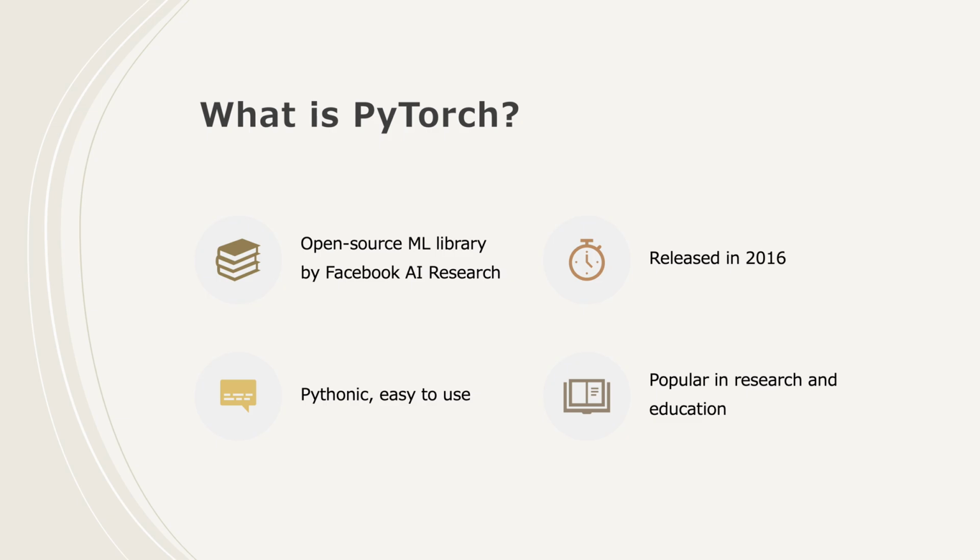It doesn't force you into a special programming style. Instead, you write normal Python code, and PyTorch provides the building blocks for tensors, neural networks, and automatic differentiation. Within just a few years, PyTorch became the go-to choice for academic research, and today it's widely used both in teaching and in real-world AI systems.